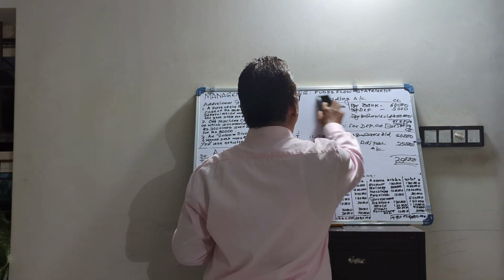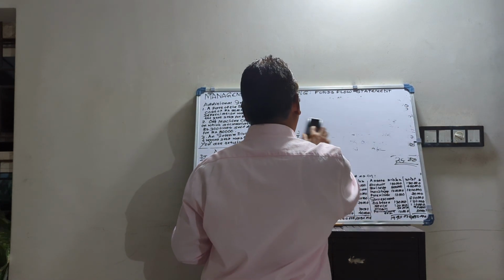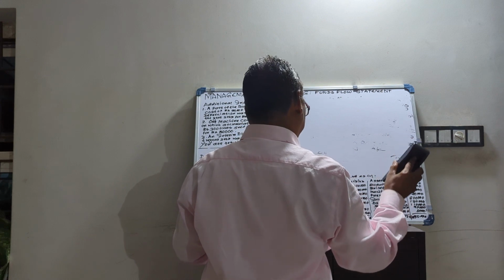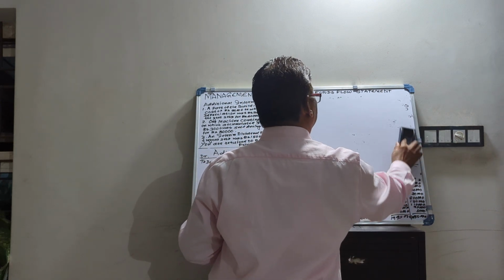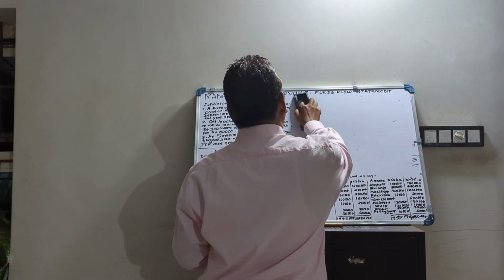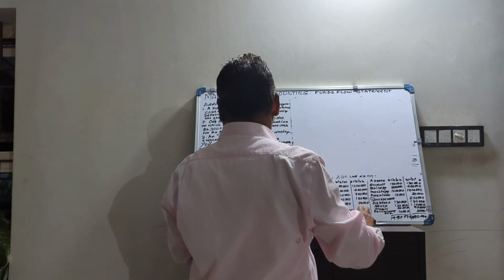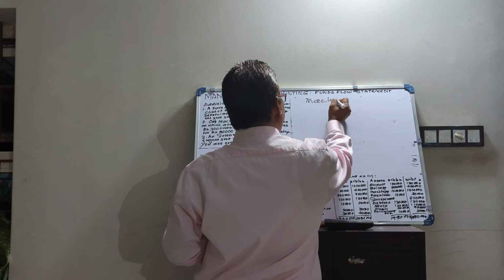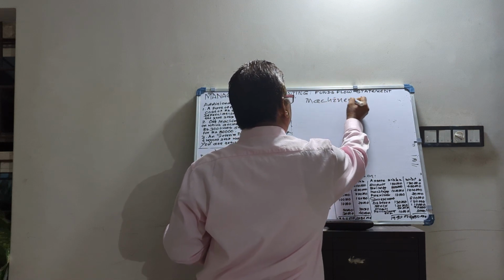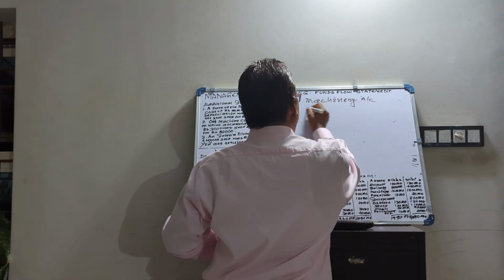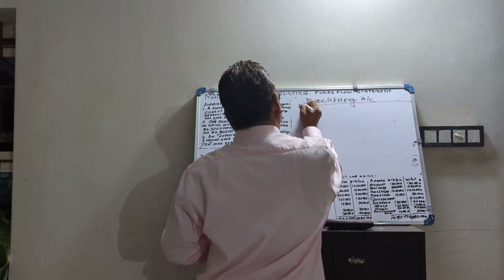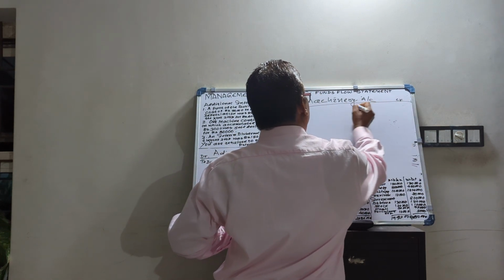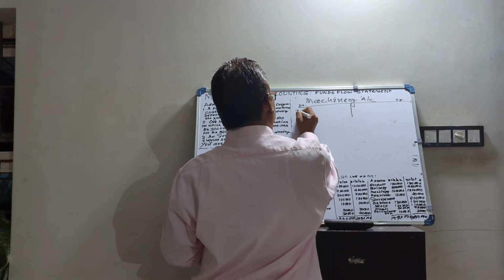Then we will prepare machinery account and provision for depreciation on machinery. One machinery account we prepared. This is an asset. So left hand side debit side, right hand side credit side. So we write opening balance to balance brought down.